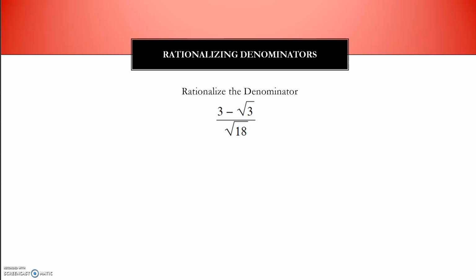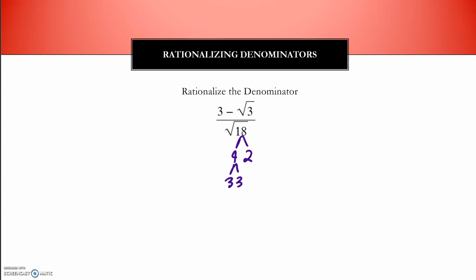All right. Now, number 5 is a little bit different. Number 5 is different because, as you may remember, the square root of 18 is not in simplest form. You should put it in simplest form before you start to rationalize. So we're going to factor the 18, which is 9 times 2.